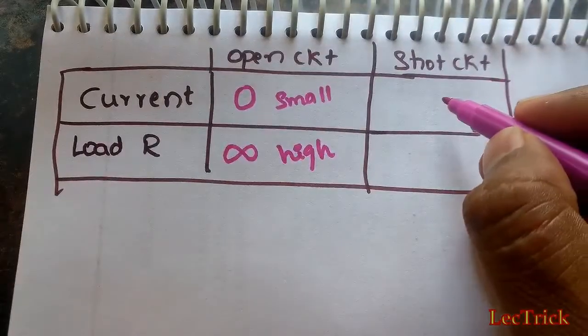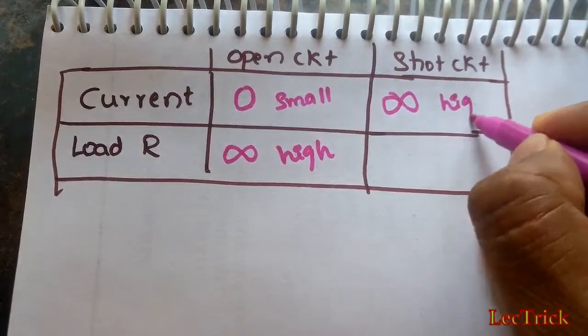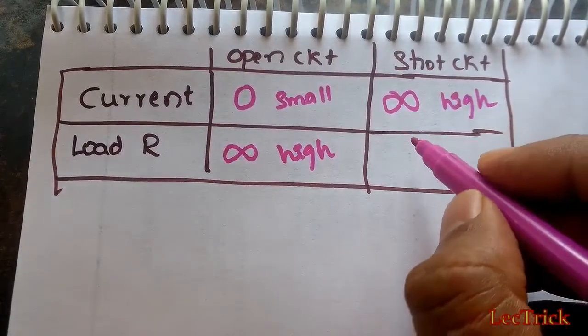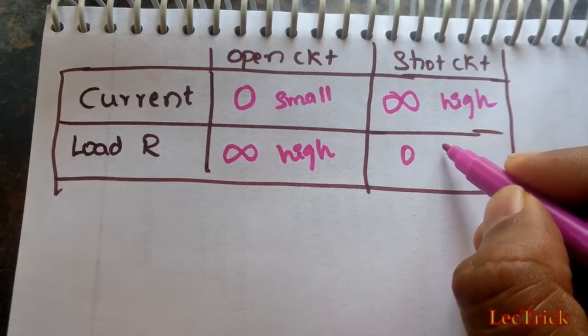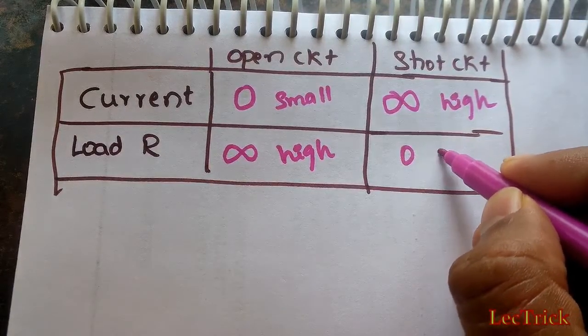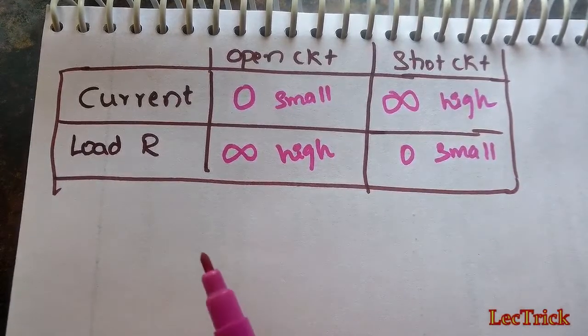But in a short circuit, the current will be very high, and load resistance will be very small. There is no resistance at all, it means very little resistance. So this is the main thing.